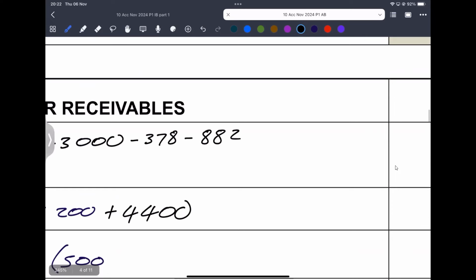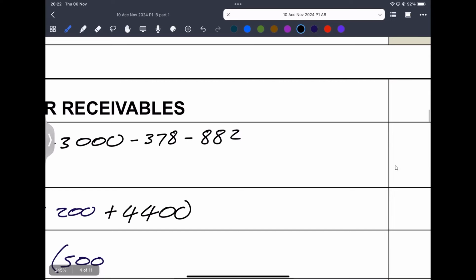The other two accounts that will be affected will be your debit trading stock and your credit cost of sales. This means that your trading stock is actually going up and your cost of sales, when you credit it, it means it goes down.